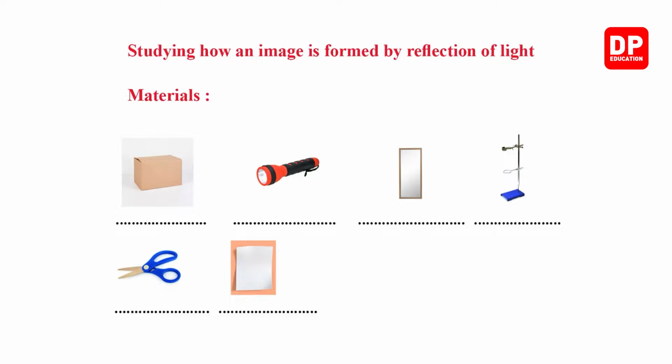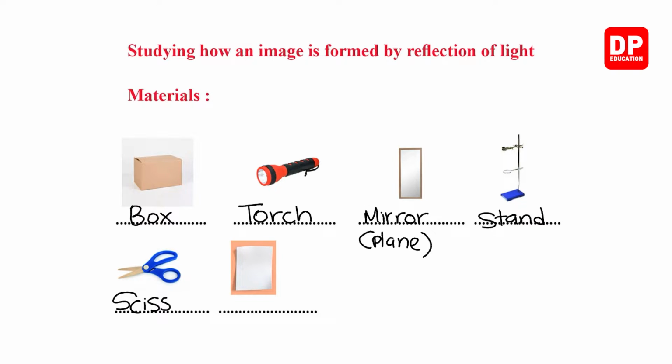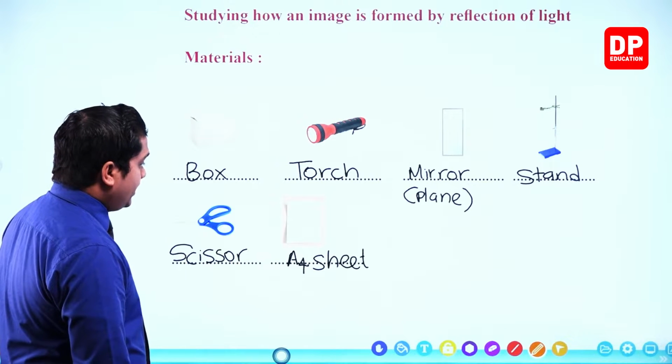You'll need a cardboard box, a torch, a plane mirror, a stand, scissors, and an A4 sheet. These are the materials you need to get.